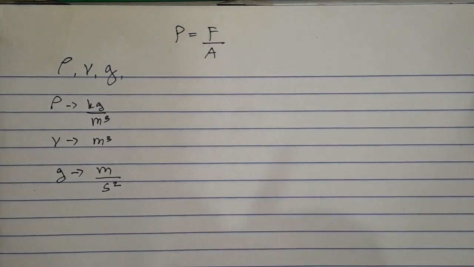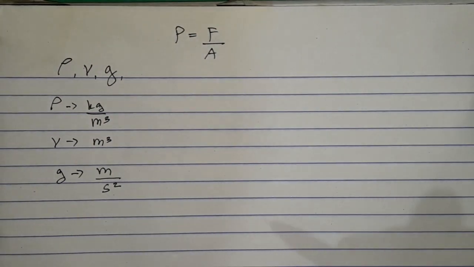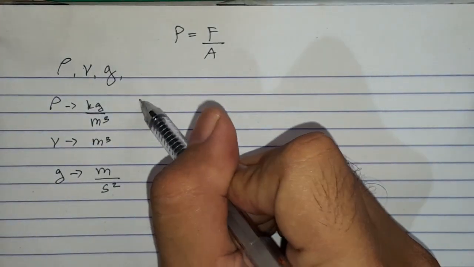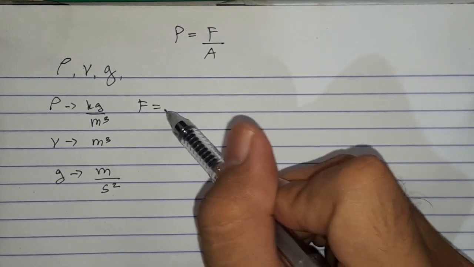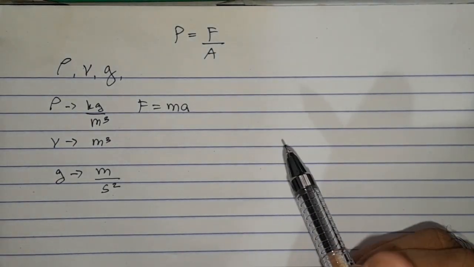Okay, so how are we going to utilize these three quantities to compute for the pressure? We understand that force is equal to mass times acceleration.